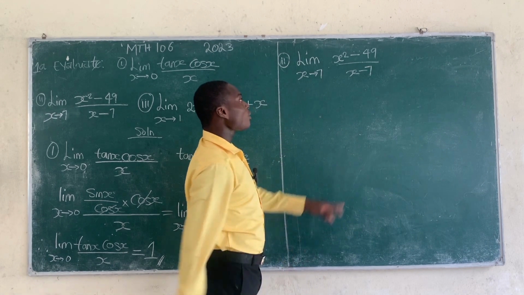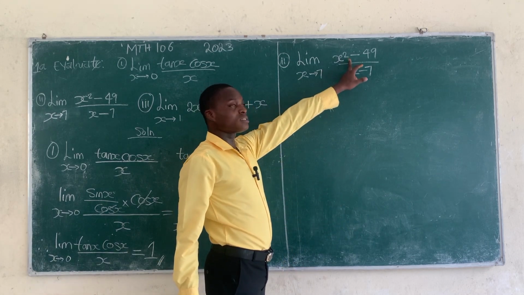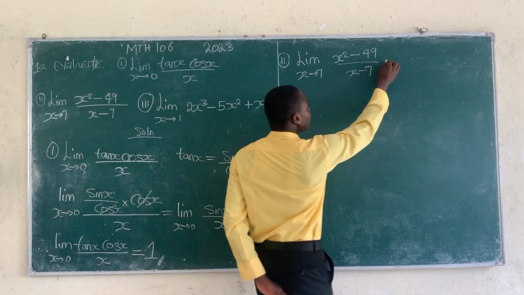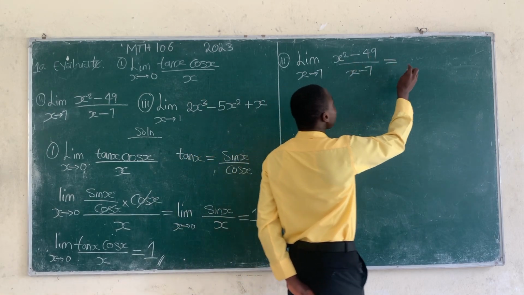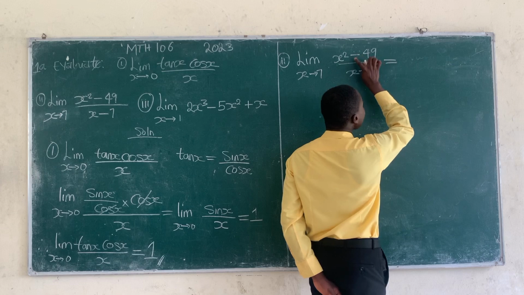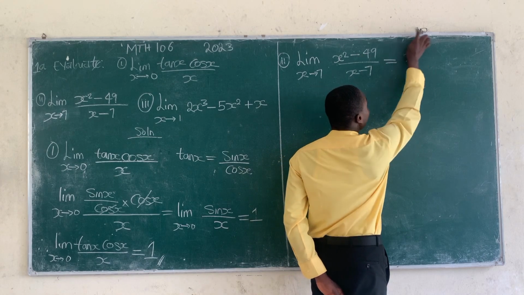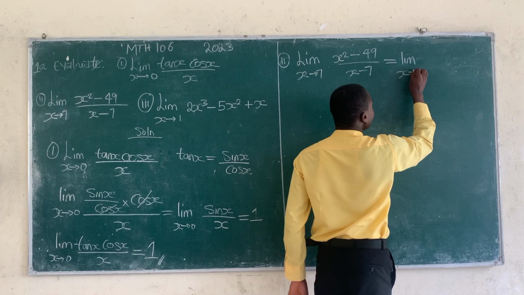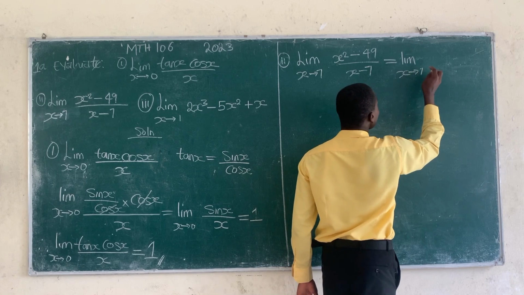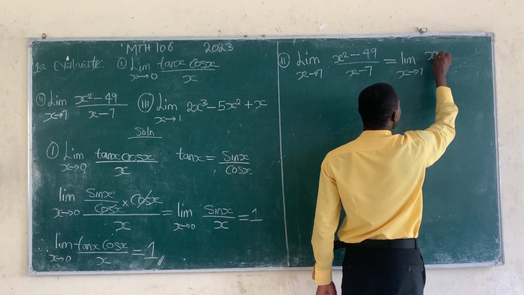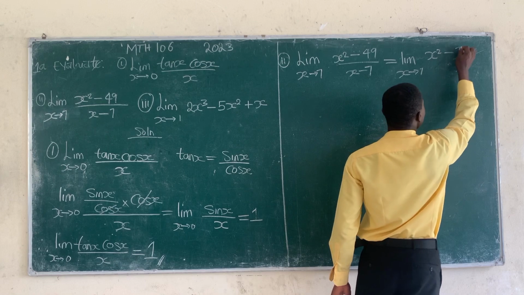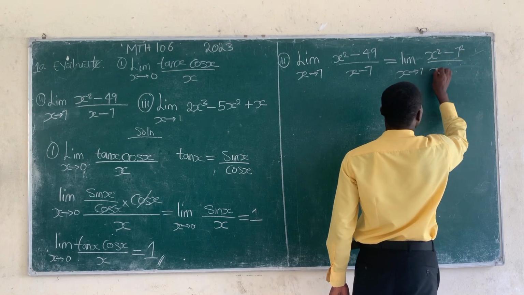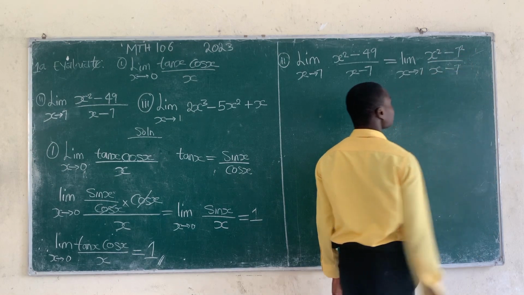So what we are going to do is factorize the numerator. We can write the limit as x approaches 7 of x squared minus 7 squared over x minus 7.